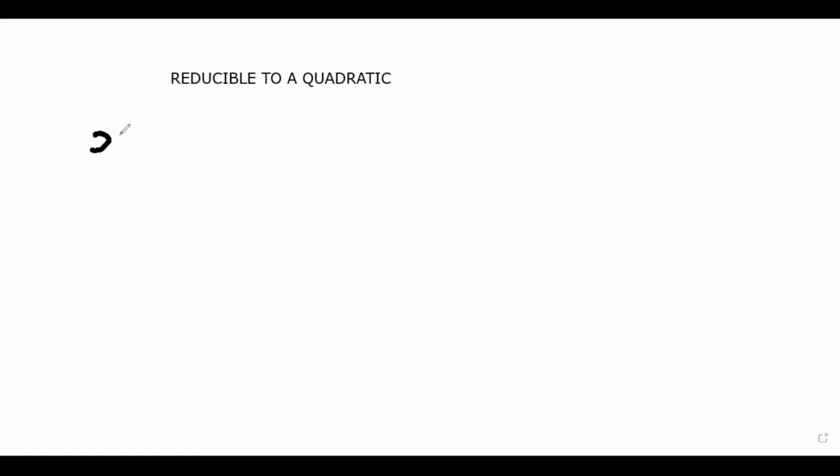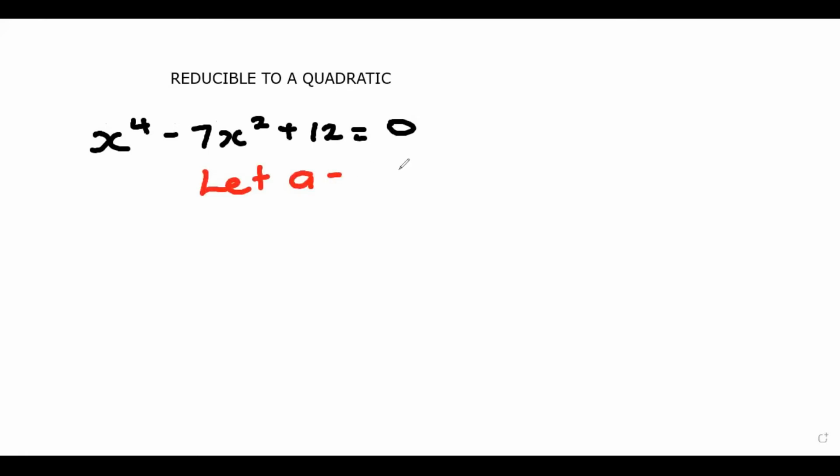let's say we have this question here, which the highest power here is a 4. So that means it is no longer a quadratic. So what we have to do first is we have to say, let a, or it can be any letter or any variable, be equal to x squared.